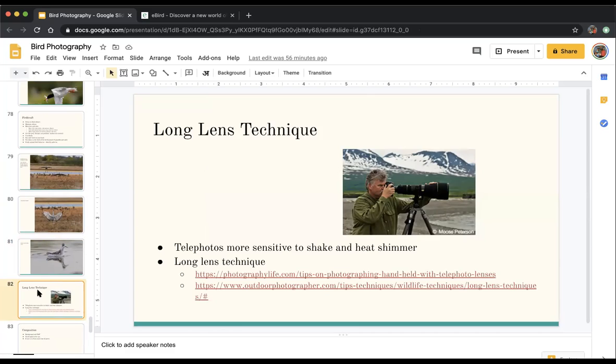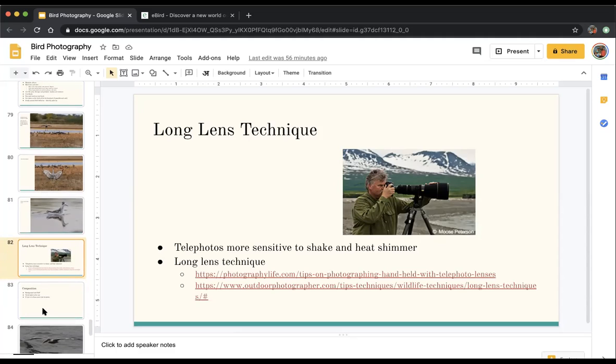You put one hand on the lens and weigh it down a little. Then when you're looking through the eyepiece, jam your head against the camera. Between your hand, the tripod, and your head holding the camera, you're stabilizing it even more. That helps you get clearer shots.